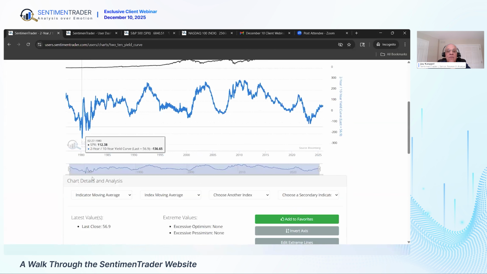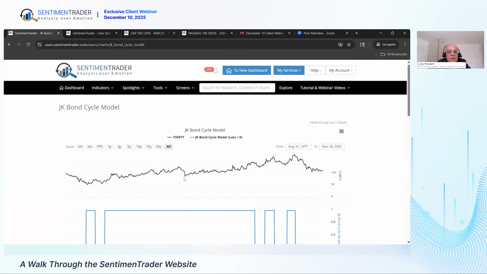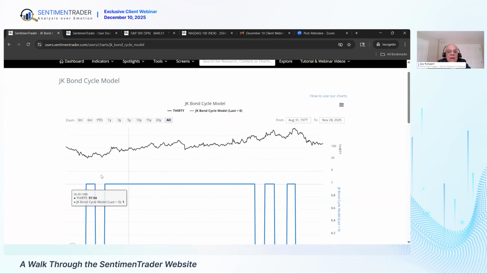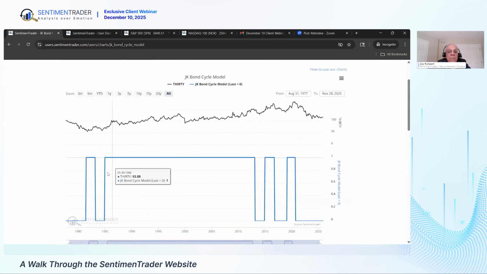And then if you're a bond market investor, the one indicator that I would suggest is a weekly indicator, the bond cycle model. It doesn't give signals very often. It's very long-term based, but when it gets to one, that means interest rates should be going down. Bond prices, as you see here, should be going up.